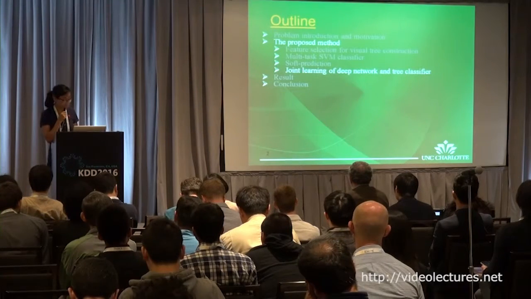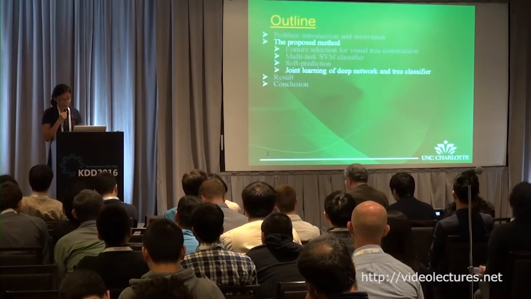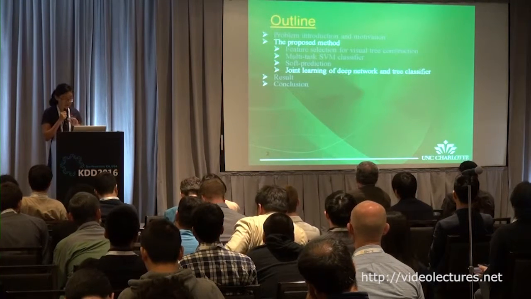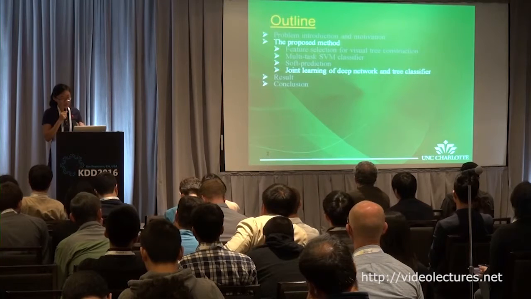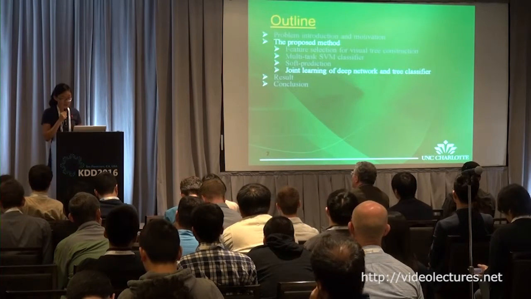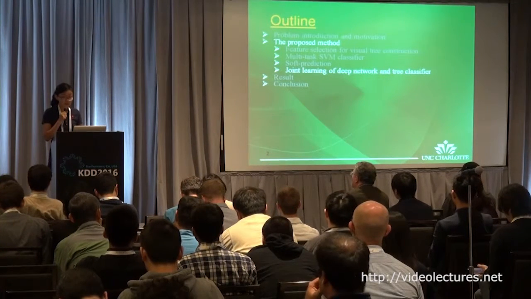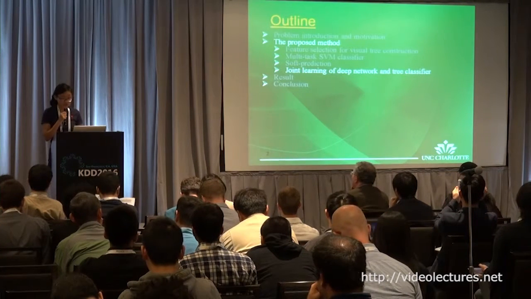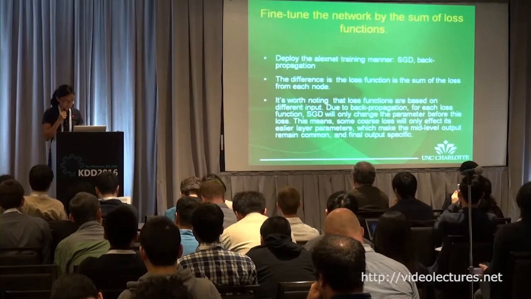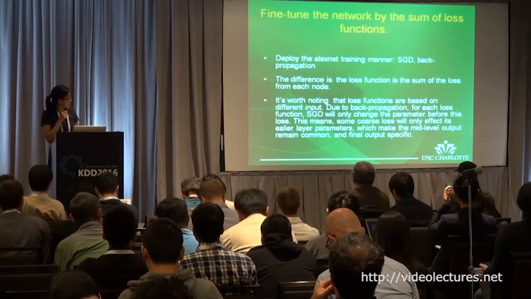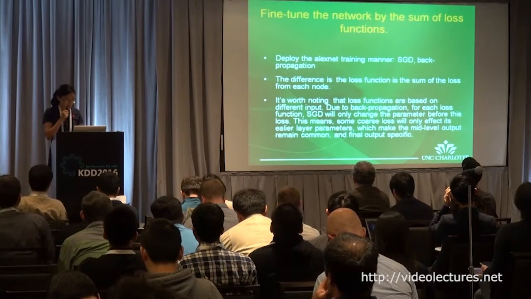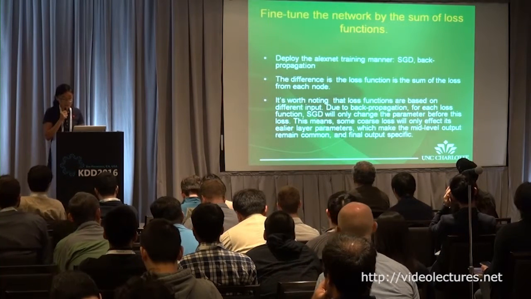Okay, the final step of our method is called joint learning. Before this, we learned the tree, the deep network and the classifier separately. There is one possible way to jointly learn these together. The method is to fine-tune the network by the sum of the loss functions. In the experiment, we deploy the AlexNet training manner.